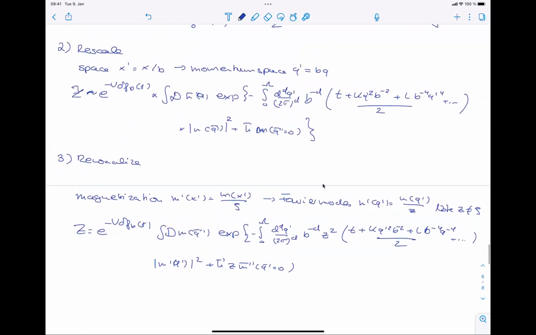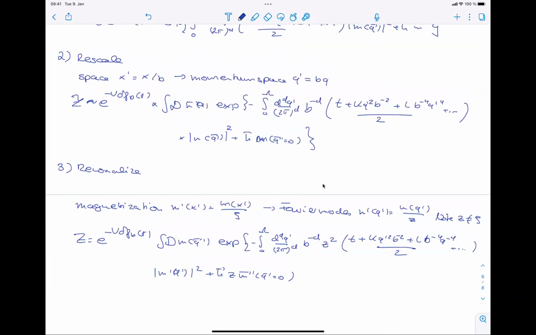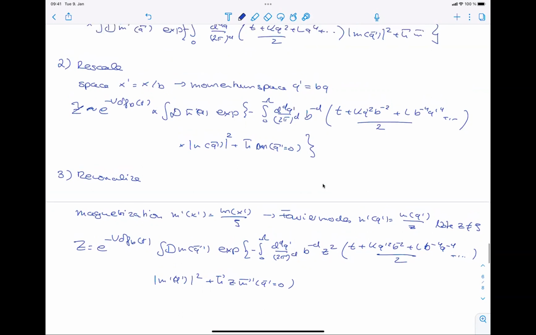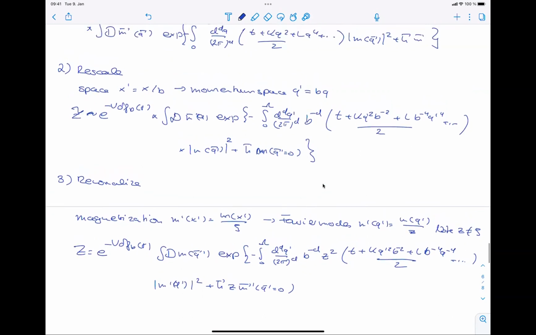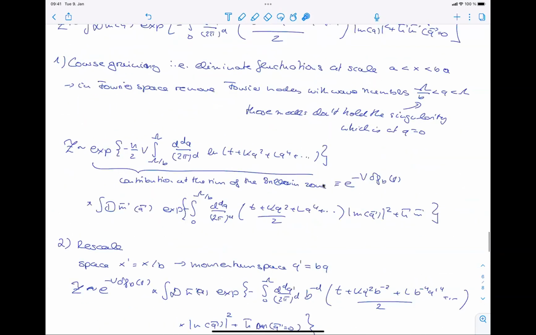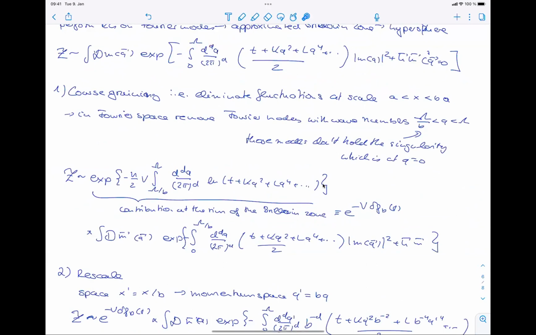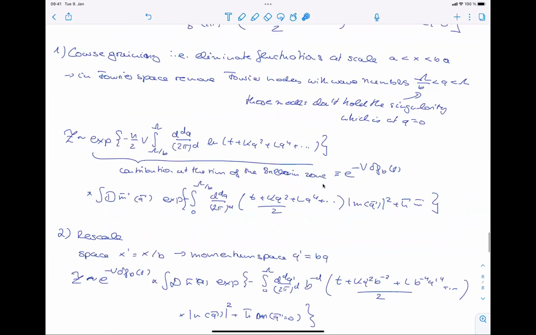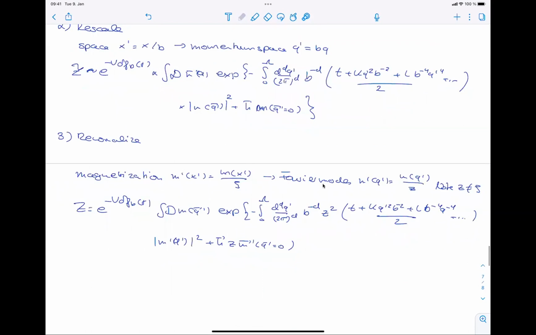Okay, so now we succeeded in writing down the partition function in terms of all transformed variables, the magnetization, and the Fourier space. And now we want to read off the transformation by comparing this partition function with our original partition function, which sadly is over here. And it should be of the same functional form. So that means that we can actually read off, first of all, the renormalized parameters.